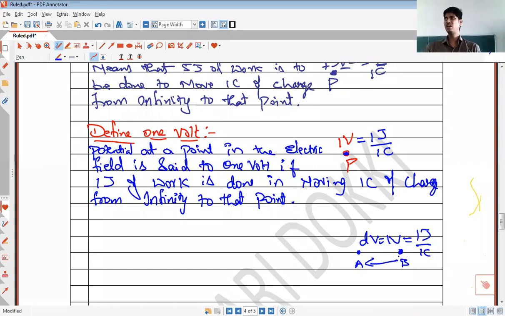Potential difference between A and B is 1 volt. Does this mean 1 joule of work is done in moving 1 coulomb of charge from infinity to A or from B to A? I just want this.